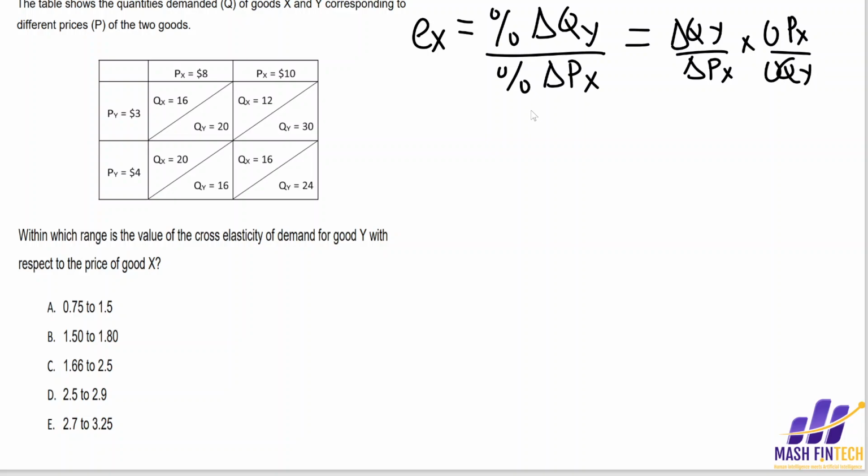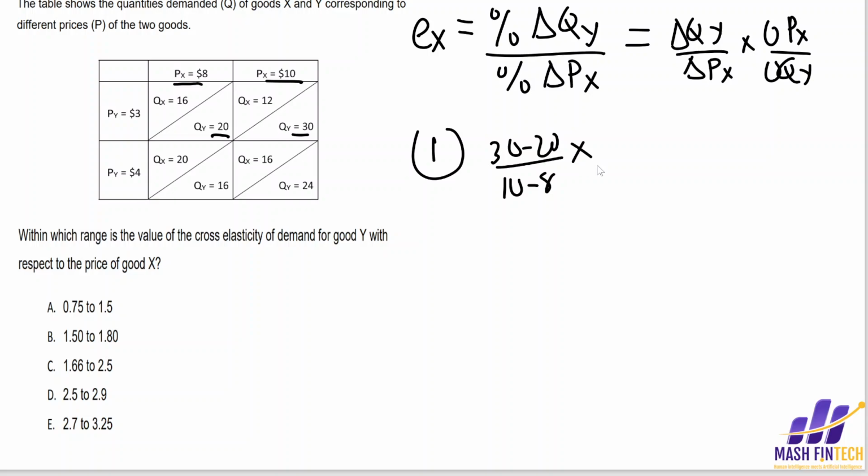So one way of doing this, it doesn't matter which numbers you use here, because you have this change in quantity, right, which you can take 30 minus 20. You divide by the change in the price of X, which is up here, 10 minus 8.